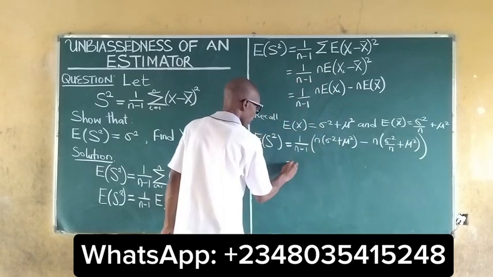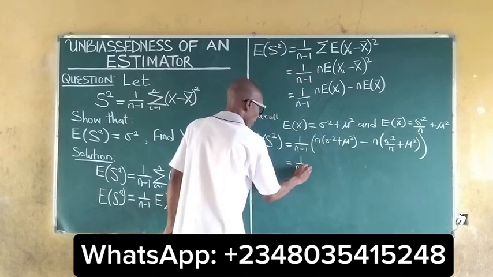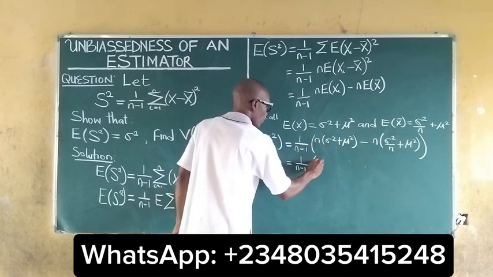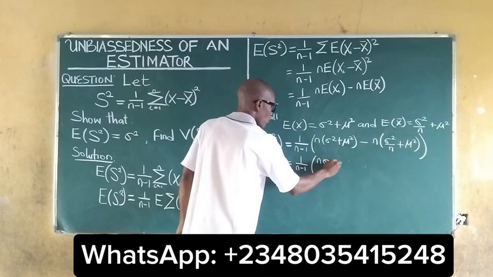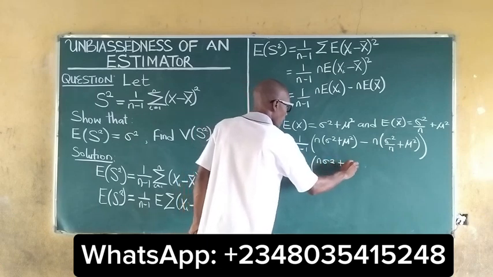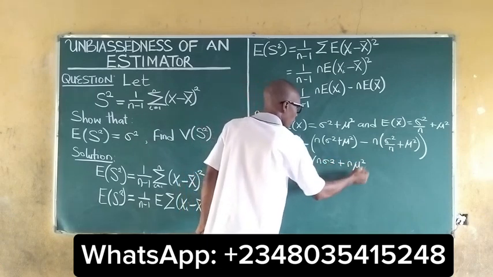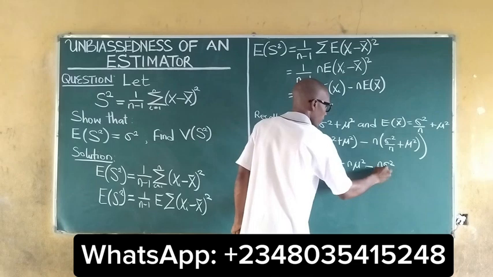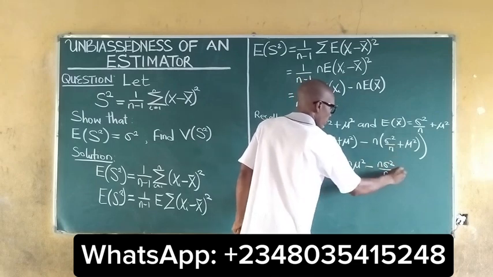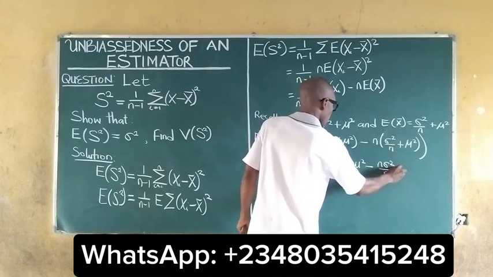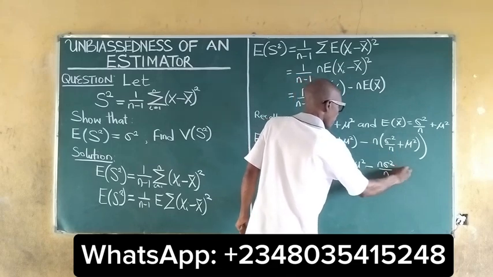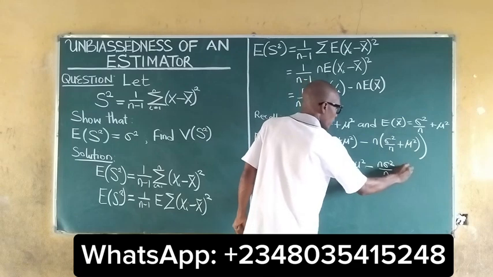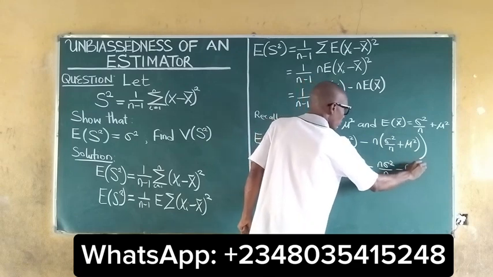We can open the bracket to get 1 over n minus 1 into n sigma squared plus n mu squared minus n sigma squared all over n minus, as we are opening this bracket, n mu squared.